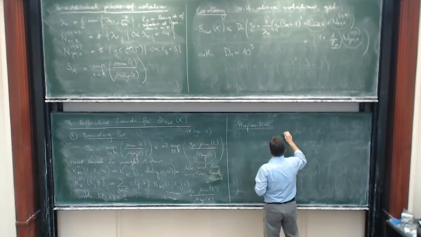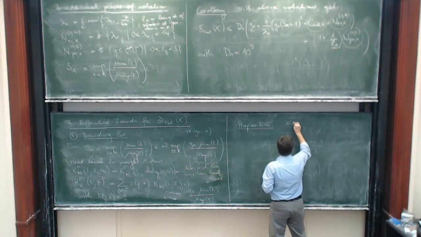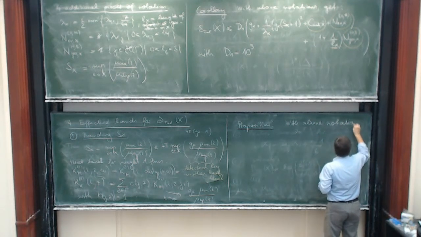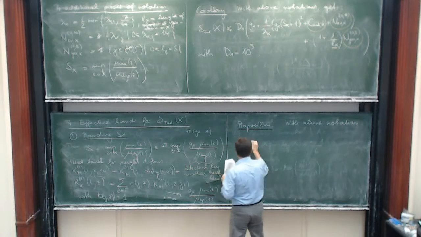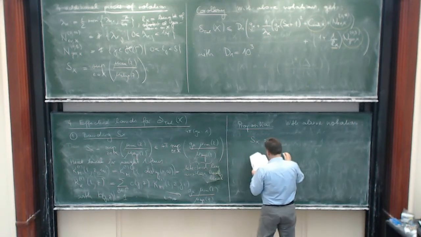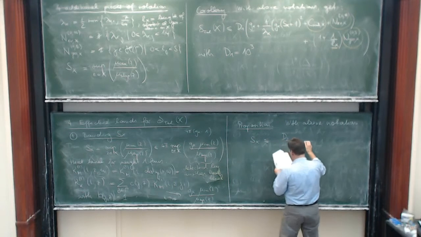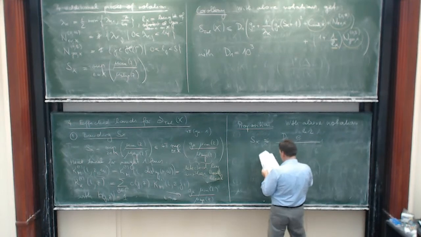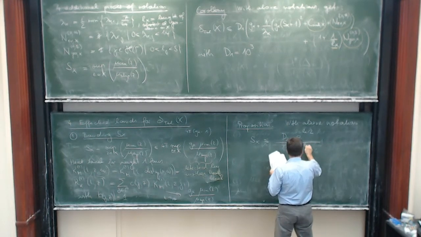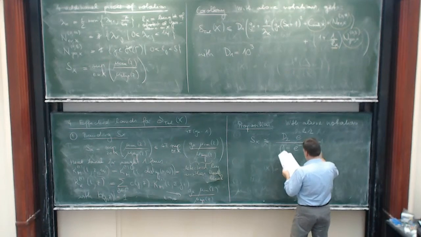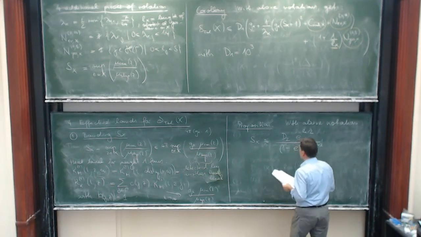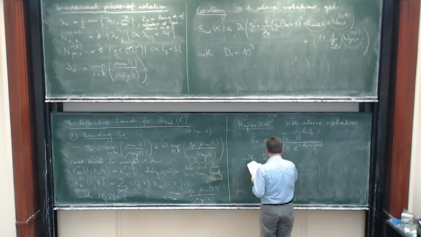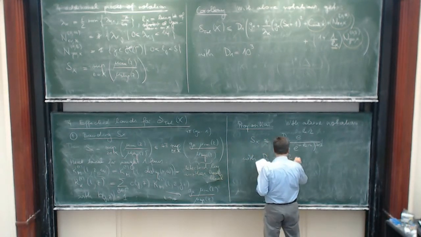So with the notation, we get the bound: Sx is bounded by a constant d2 times e to Lx, so the length of the shortest closed geodesic on x, divided by 1 minus e to the minus Lx over 4, to the power 5 over 2, with d2 can be taken 1200.